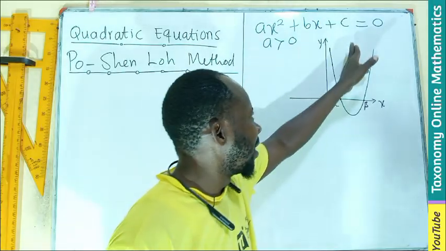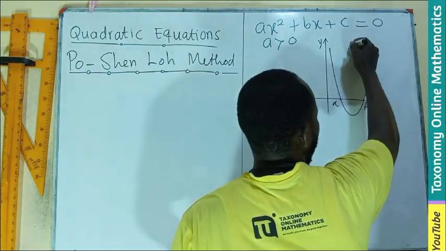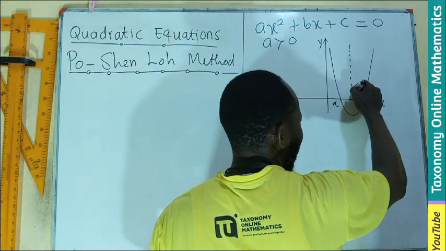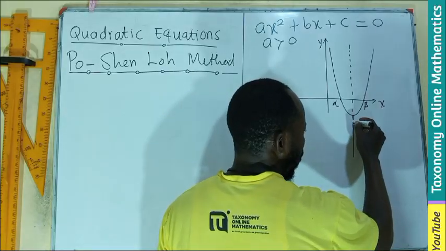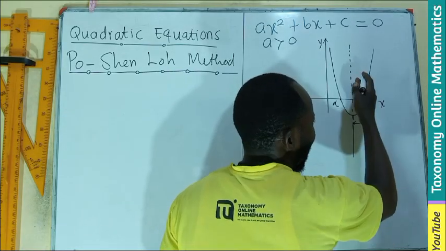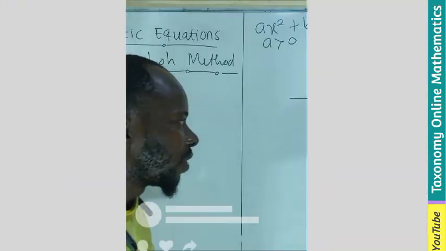Now, we are saying that the Po-Shen Loh method stems from the average of the sum of roots. So alpha plus beta divided by 2 is the average. That average means that we are dividing this into 2, looking at the turning point. If I draw a line from here, I can call it the average of the sum of roots.